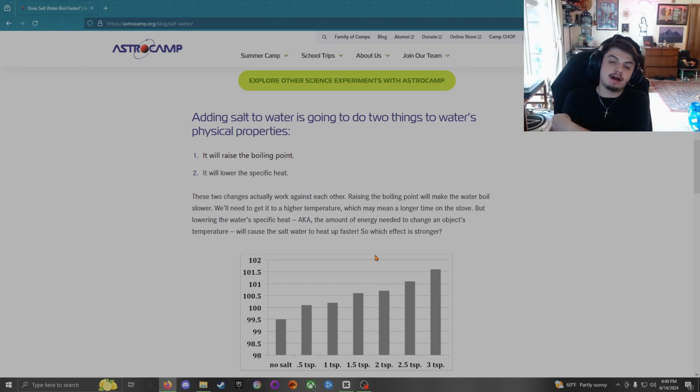I believe that the change people are expecting most when adding salt to their water to make it boil faster is that it lowers the specific heat needed to make a change in temperature. But the thing is that the more salt you add, the higher the boiling point is going to go. We added 1 whole tablespoon to 2 cups of water, and it boiled off 20 seconds slower than without any.